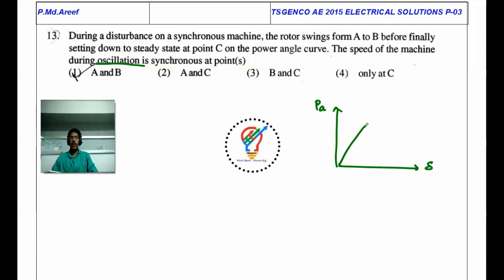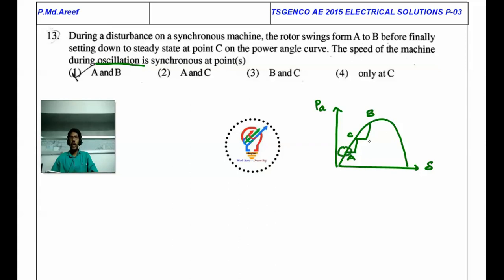First the machine is operating at point A, because of disturbances it is moved to point C, but the machine has inertia so it cannot come to synchronism at this point, so it will move to another point called B.